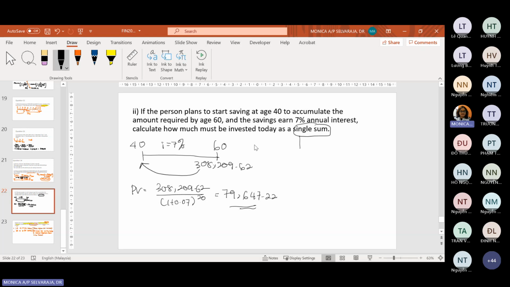Single means one. Sum means amount. So what is the one amount I need to invest? So one value, only one. I only put one value. I don't need to put annuity. Single sum. Understand? So it's one amount. Single is one.